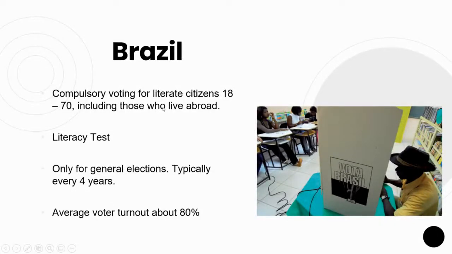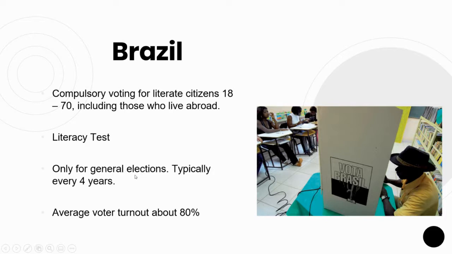All right, compulsory voting in Brazil. Now, voting is compulsory for all literate citizens from 18 to 70 years old, including individuals who live out of the country. One attached policy to compulsory voting is that in order to register to vote in Brazil, you have to take a literacy test. Now, illiterate citizens can also vote. However, for illiterate citizens, voting is voluntary, not compulsory.